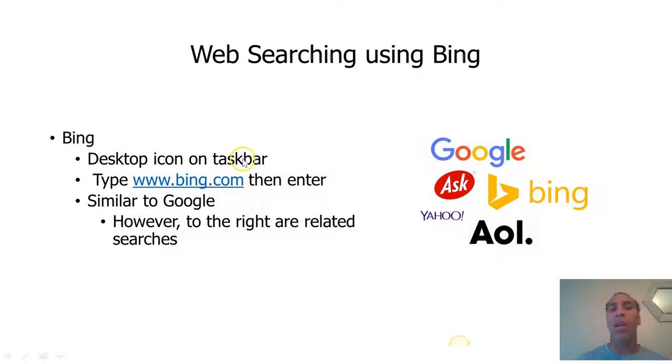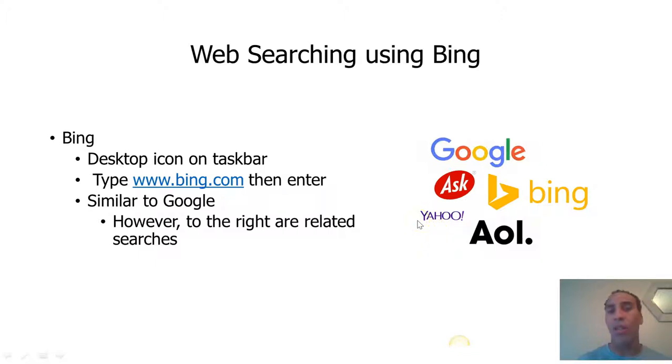In Bing, desktop icon on taskbar, bing.com, then enter. And obviously we were having our discussion about who uses Bing, who uses Google, who uses DuckDuckGo. I wonder if you had ever even heard of DuckDuckGo until I mentioned it. Similar to Google, however, to the right are related searches, right? So you have Ask, like Ask Jeeves, which went out a long time ago. Yahoo, AOL, some people use it.